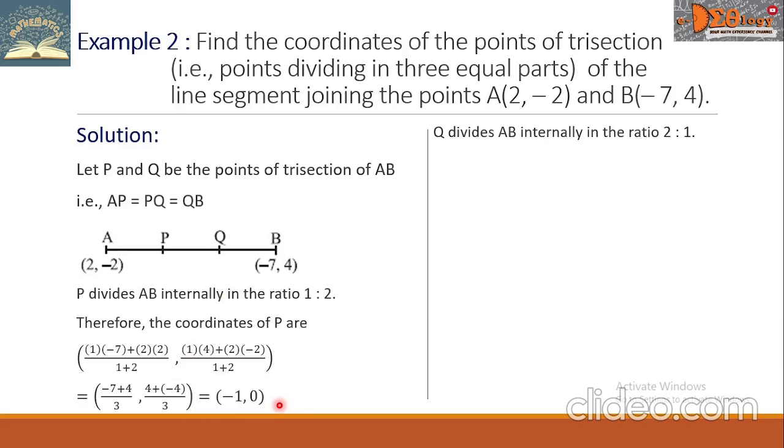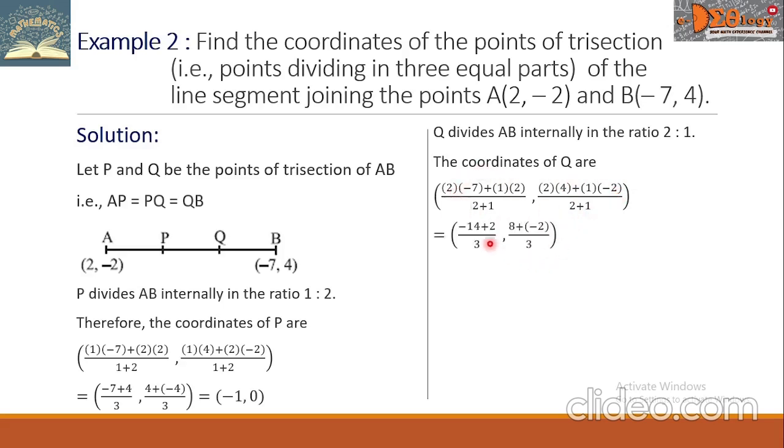Now for the Q. Q divides AB internally in the ratio 2:1. The coordinates of Q now are 2 times negative 7 plus 1 times 2 all over 2 plus 1. And the y-coordinate 2 times 4 plus 1 times negative 2 all over 2 plus 1. We can simplify further.